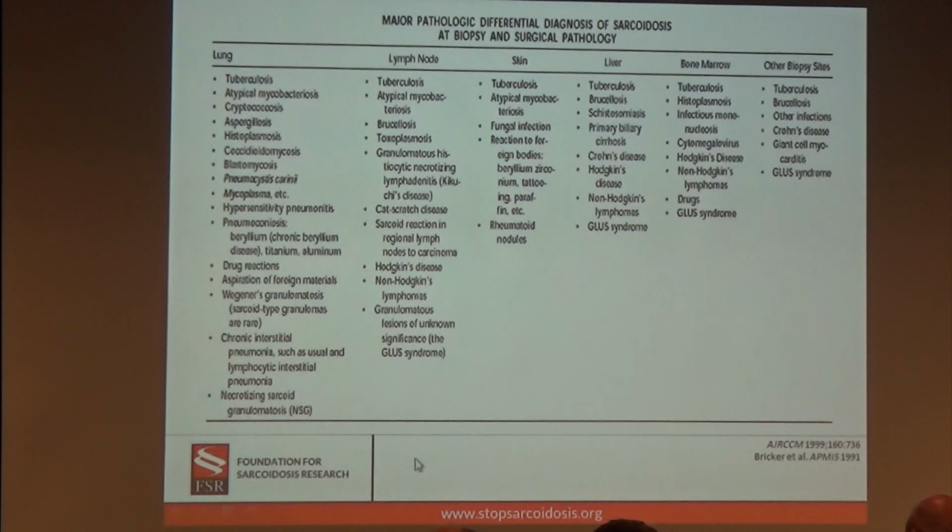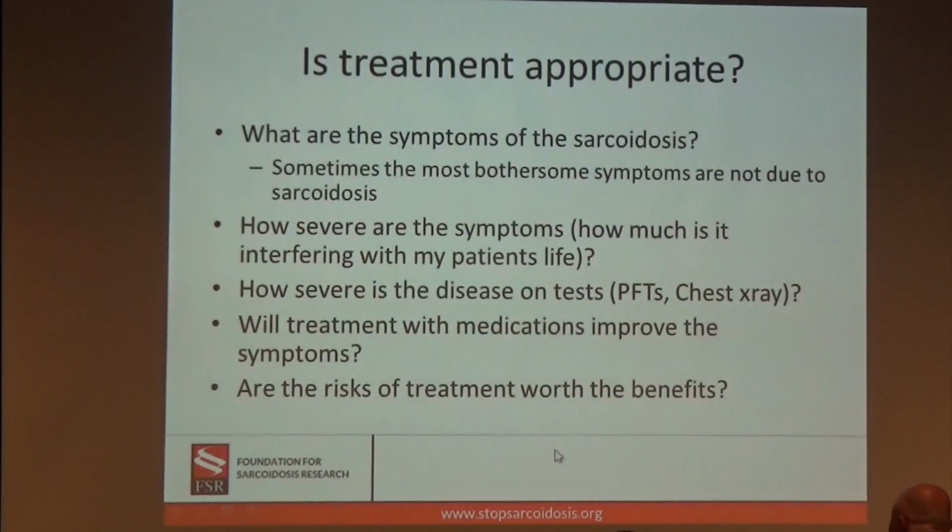So it's a challenging diagnosis, and probably most of you have encountered delays in your diagnosis, and some of that has to do with the fact that it can look like so many other things. So I'm going to go into the treatment part of my talk now.